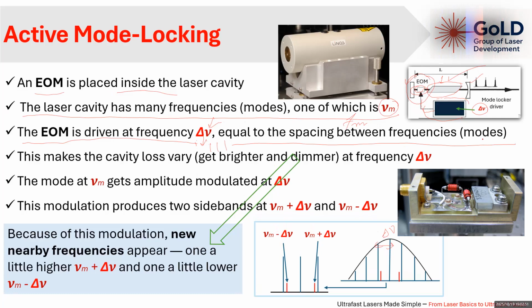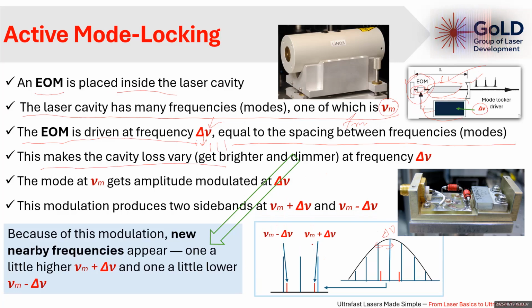In simple words, I have written it here; when you go through it, you can easily understand. What it does is make the cavity losses vary. What is the meaning of losses? When the losses are high, there is no laser.